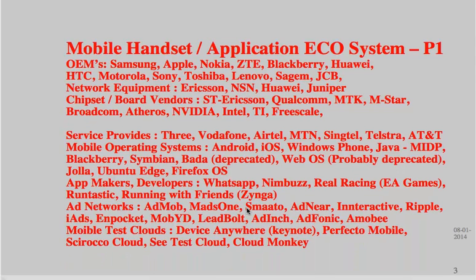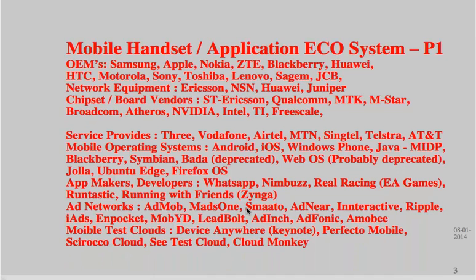And mobile OS, mobile operating systems, which is Android, top of the world now, and iOS, Windows Phone, which is really catching up fast, and Java MIDP, still a lot of users using Java MIDP, and BlackBerry, which is actually gone now, Symbian, which is again gone, and Bada, Samsung's operating system, which is deprecated now.